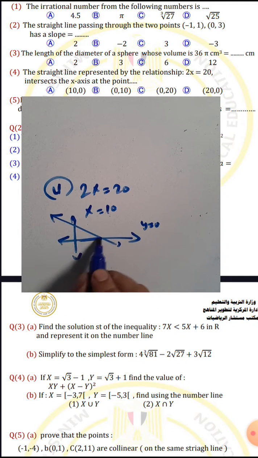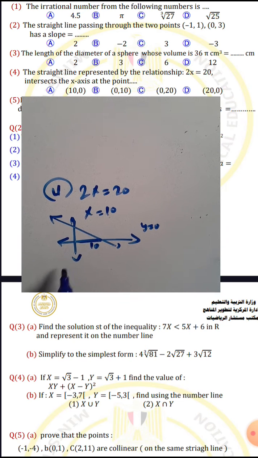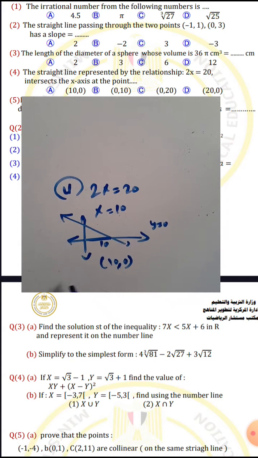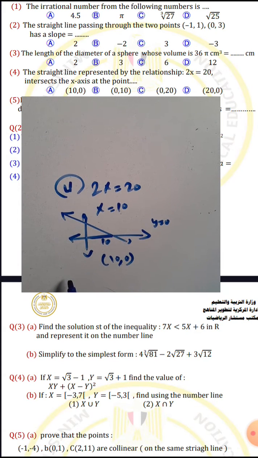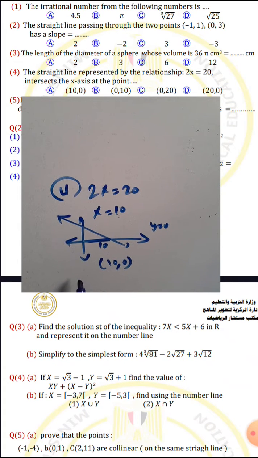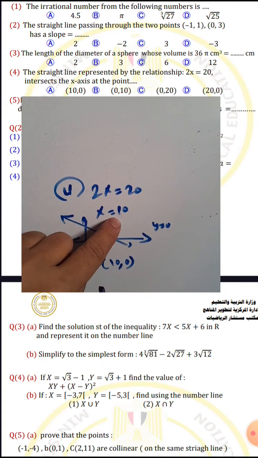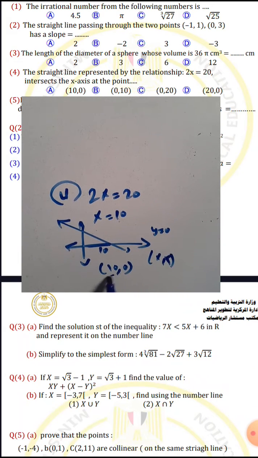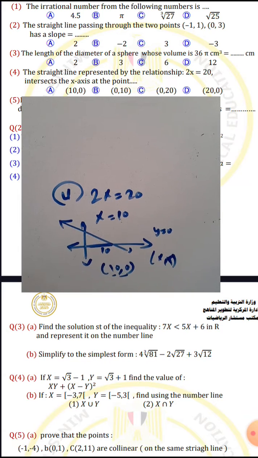Then it cuts the x-axis at 10. Okay, then the point will be (10, 0). Because x equals 10 and y equals 0, the order will be x and y, then the result will be (10, 0).